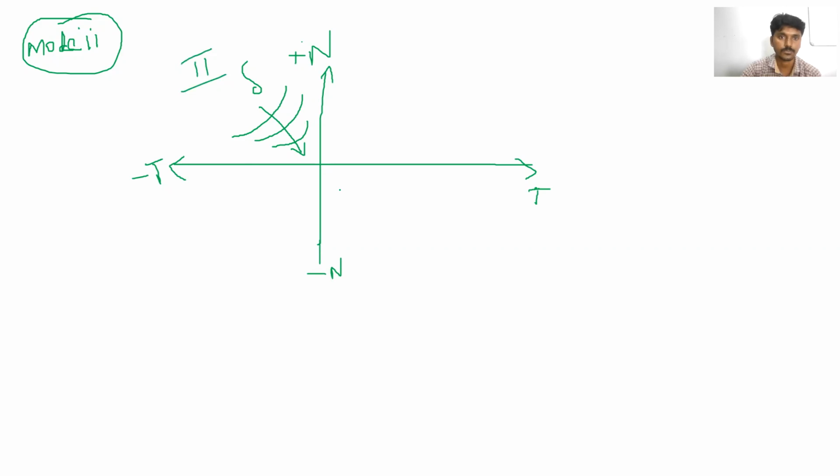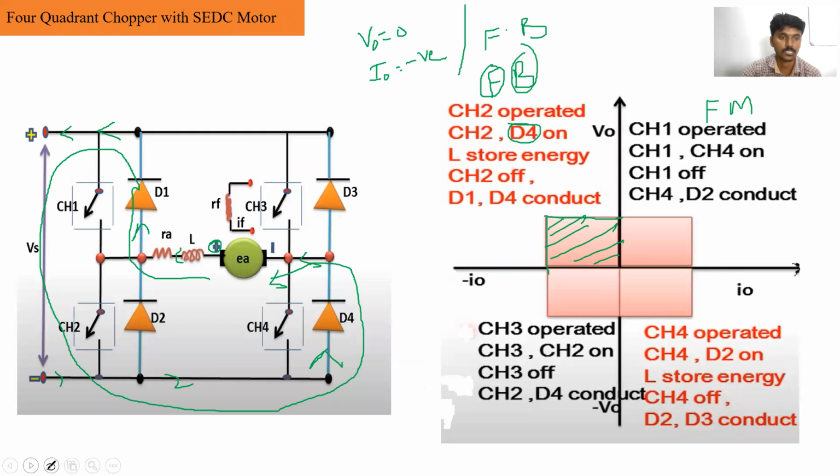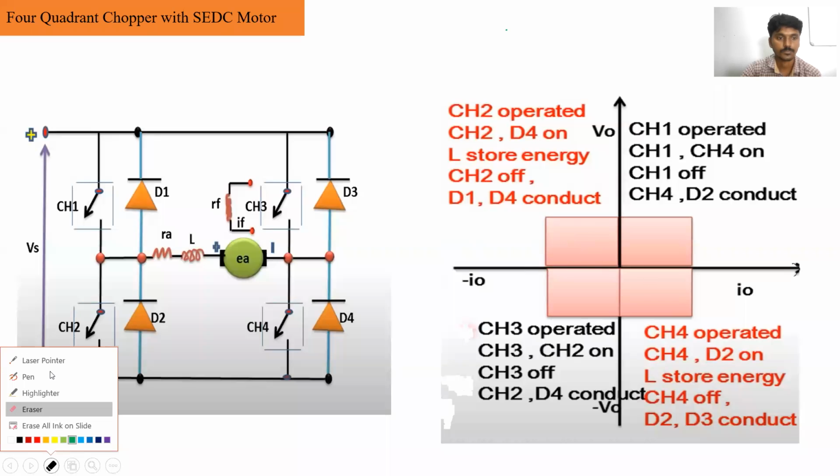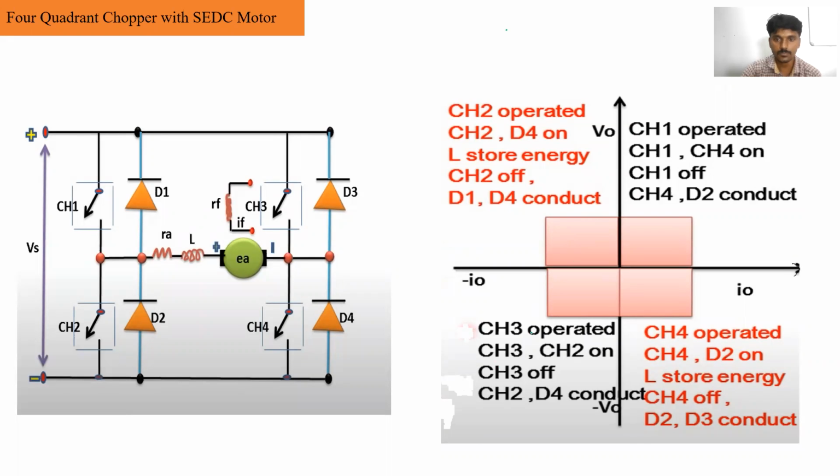Now the third mode, third case. What about the third mode? It is the opposite of the first mode, meaning now CS3 is operated and CS2 is in turn on condition.